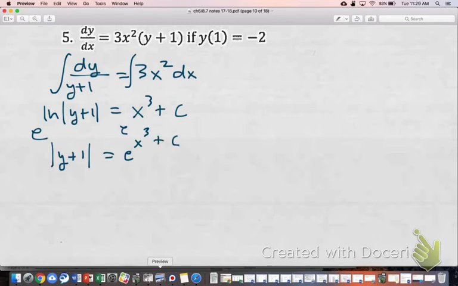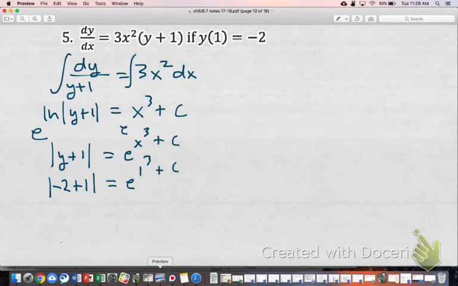And then what did you do with the absolute values? I'm kind of curious. So that's when I plugged in the numbers. Oh, you plug the initial condition in here. No problem. Okay. So then when x is 1, y is negative 2. So that would be negative 2 plus 1 equals e to the 1 cubed, which is just 1, plus c.